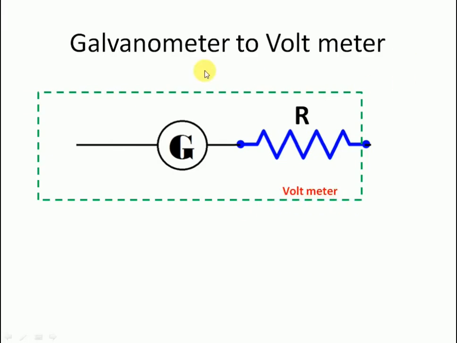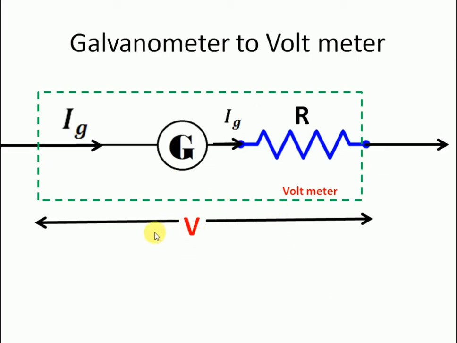This green part is the voltmeter, and when you apply a potential difference across it, current will flow, and this time the current flowing through the galvanometer will be small, that is Ig. Ig is the current which shows full deflection in the galvanometer.